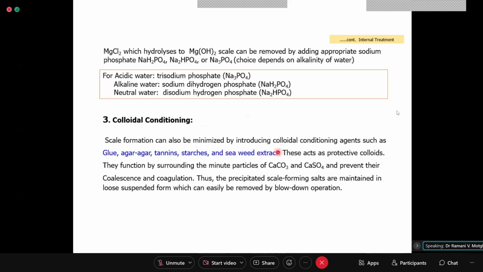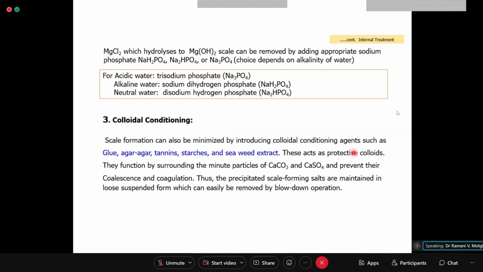It covers or surrounds the precipitate formed and does not allow it to stick to the walls. Rather, it can be removed by blowdown operation. That is the basic principle of colloidal conditioning.